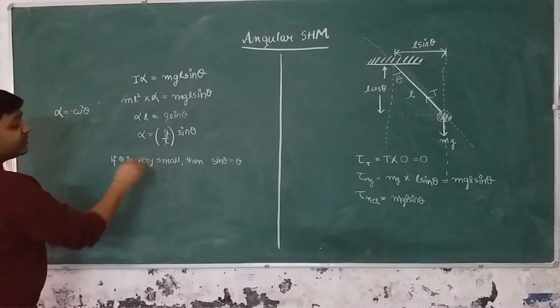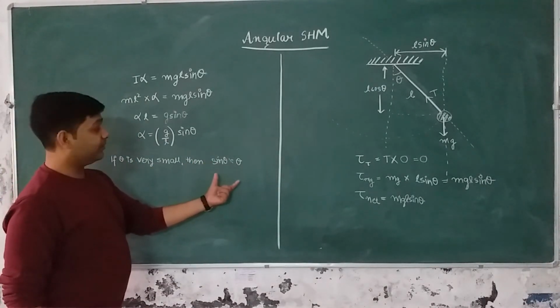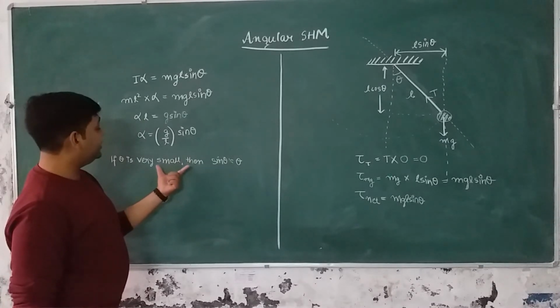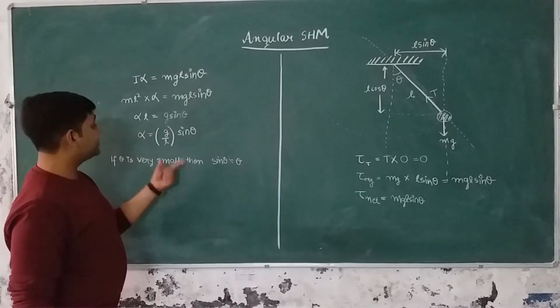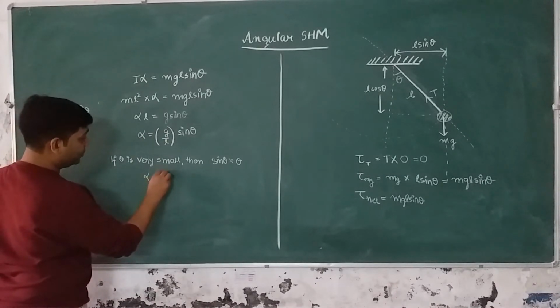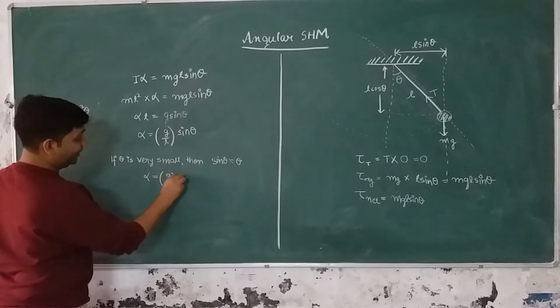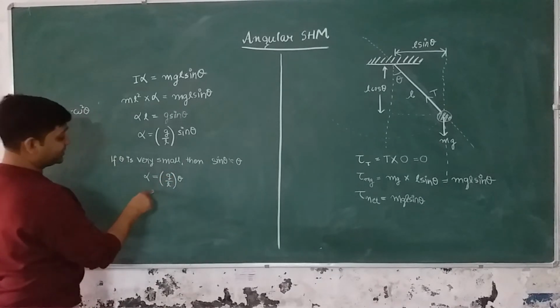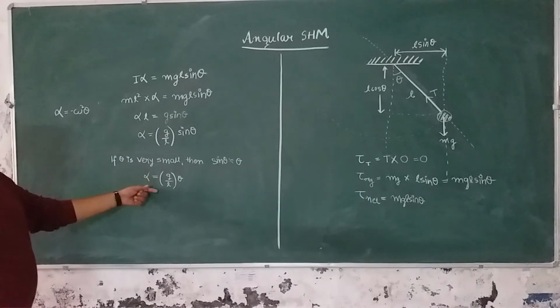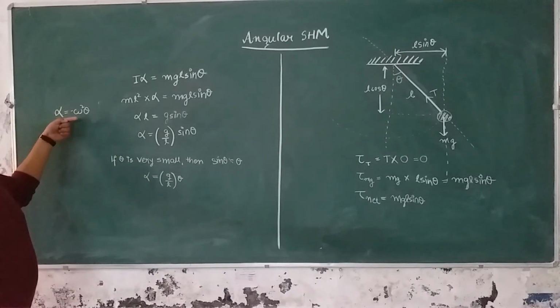So if theta is small, then this equation can be written as alpha is equal to g upon L into theta. Yes. Now this equation corresponds to the general equation for the condition of angular SHM.